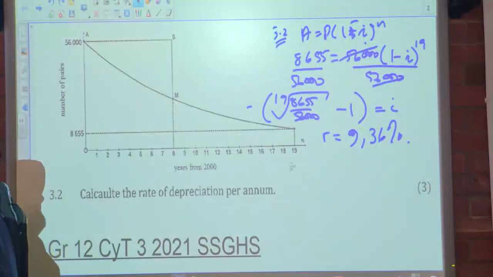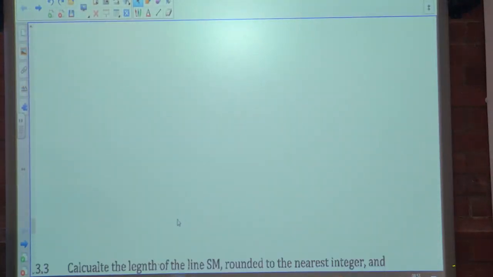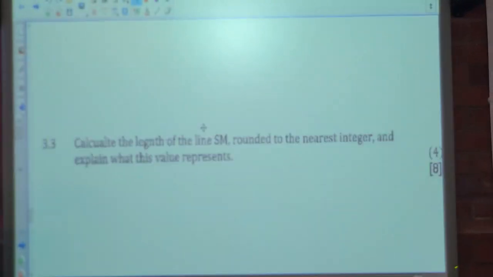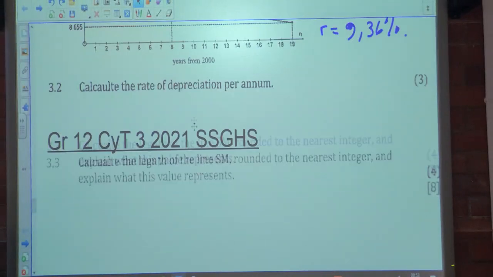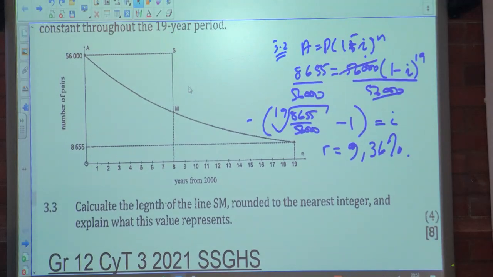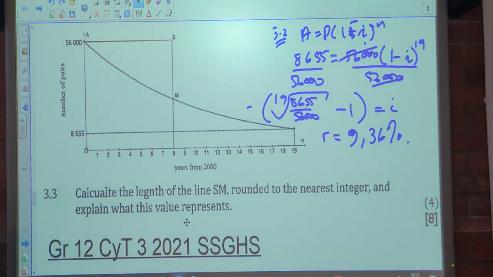Alright. Let's go to the next question. Calculate the length of the line SM. Round to the nearest integer. And explain what the value represents. Calculate the length of SM. So it's from there to there.